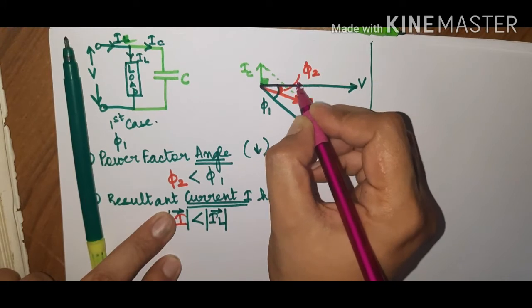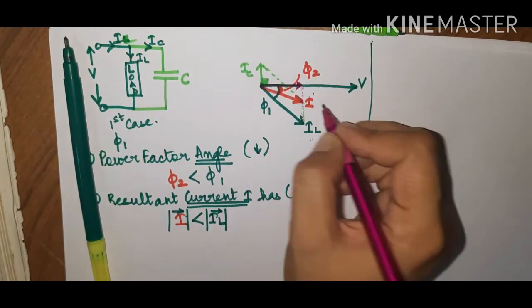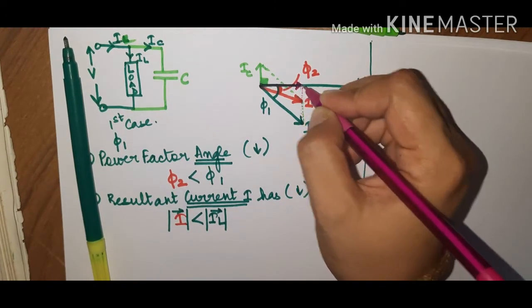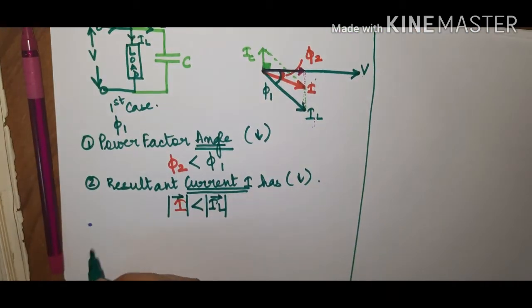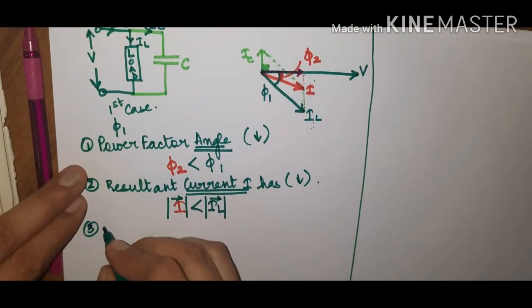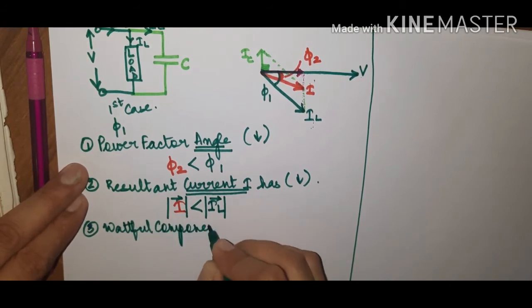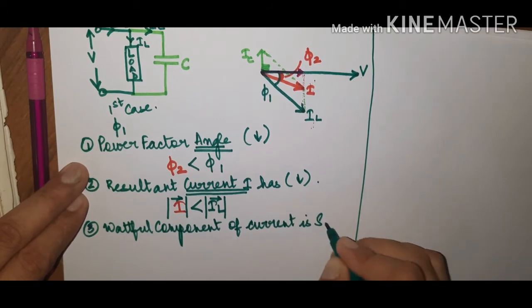Both the horizontal components of I as well as IL are of the same magnitude. And what is the horizontal component? The horizontal component is known as the active component or the Wattful component. So the third conclusion is that the Wattful component of current is the same.